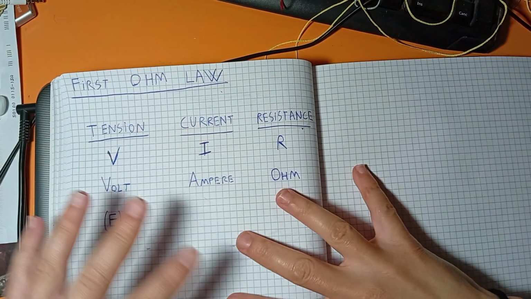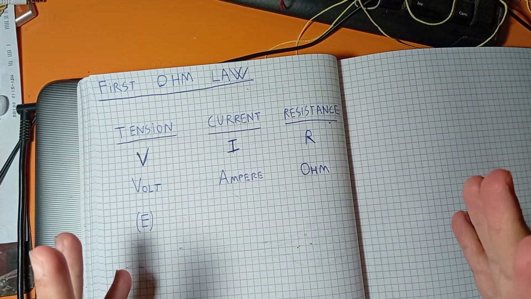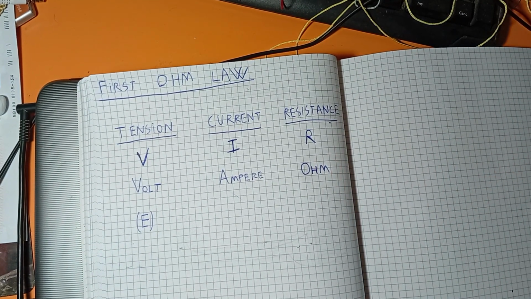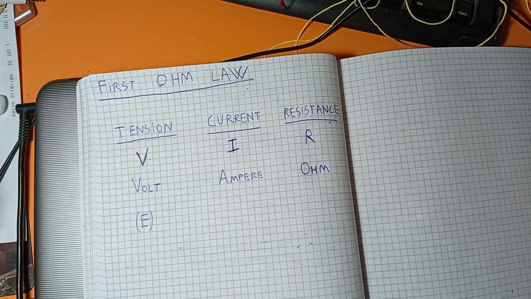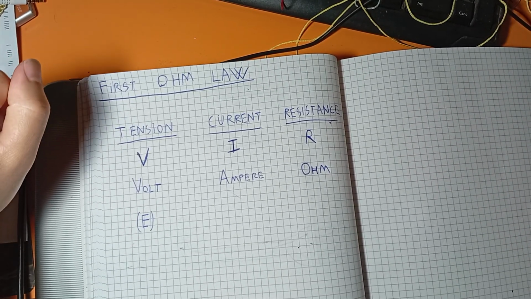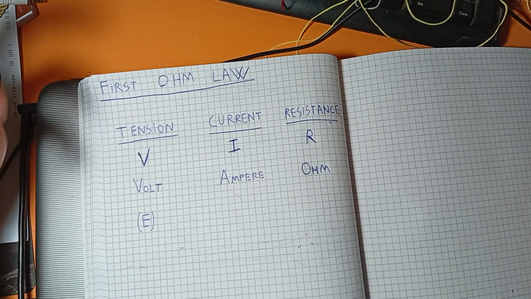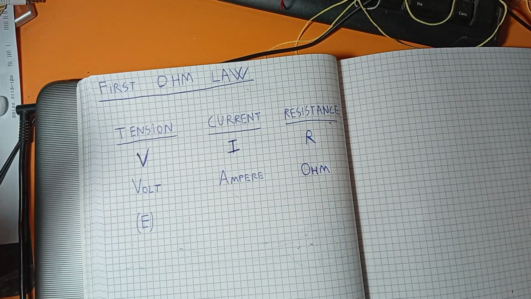So let's explain once again the great difference between tension and current. Imagine current as water. Let's compare current to water, and let's compare tension to something that could make this water move.